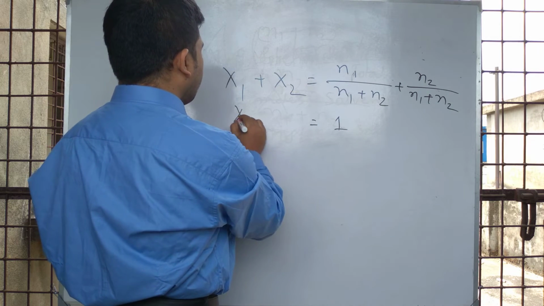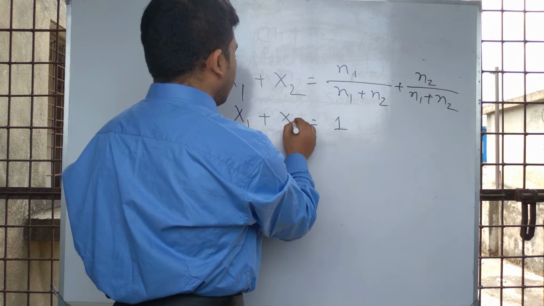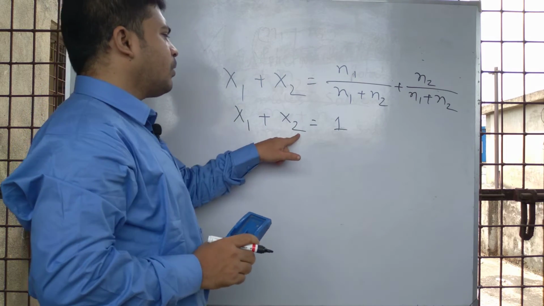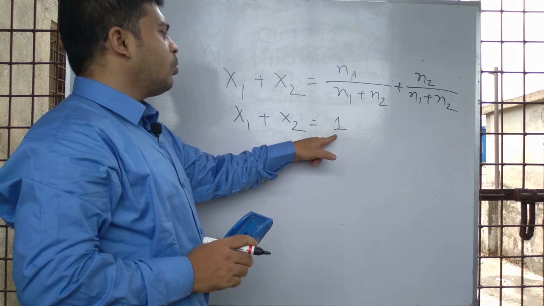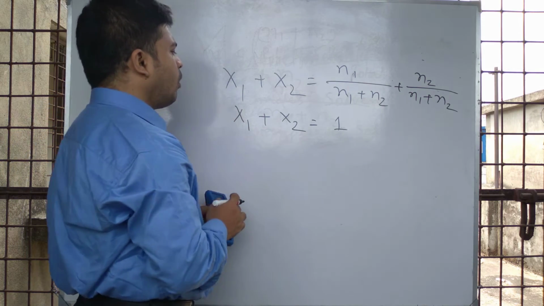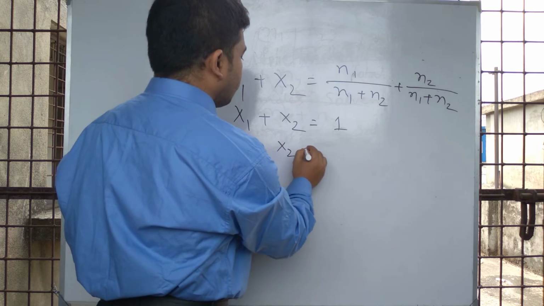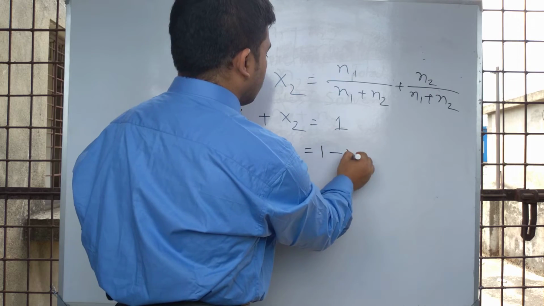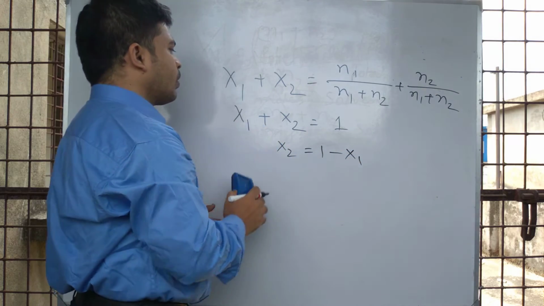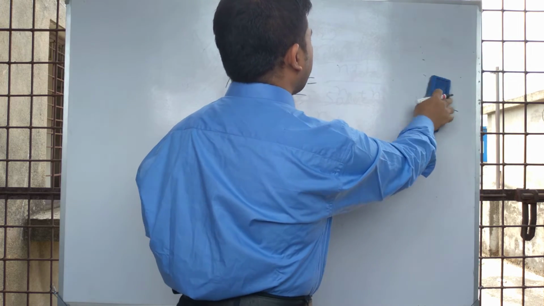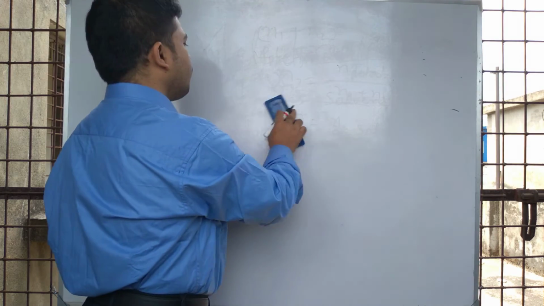So x1 plus x2 equals 1, and from this formula we can calculate the mole fraction of either x1 or x2. This is about the expressions of mole fraction.